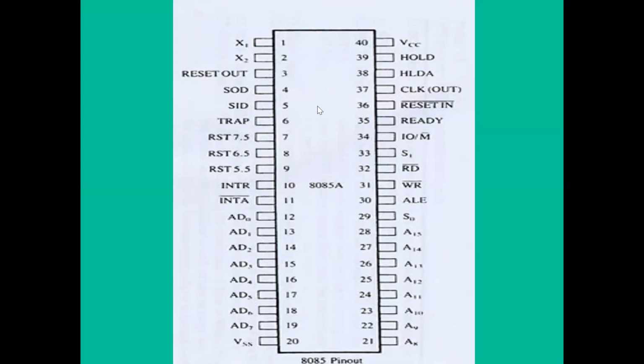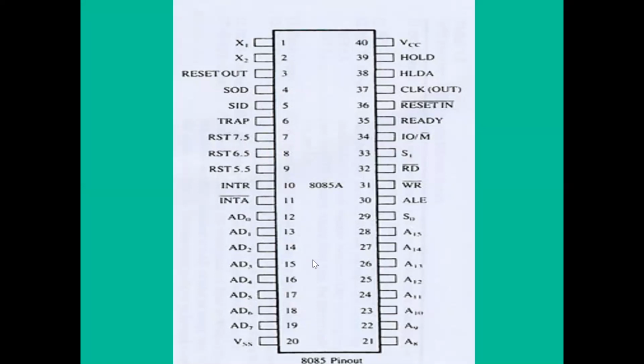Okay, so this is the 40 pin IC, which is in dual inline package system. Dual inline package means the total number of pins on the left hand side is equal to the right hand side. Here 20 pins are available on one side and another 20 pins on the other side, and that is called the dual inline package system.